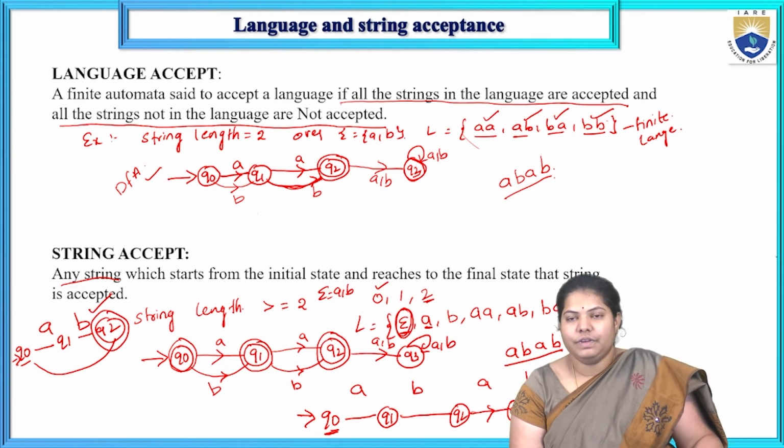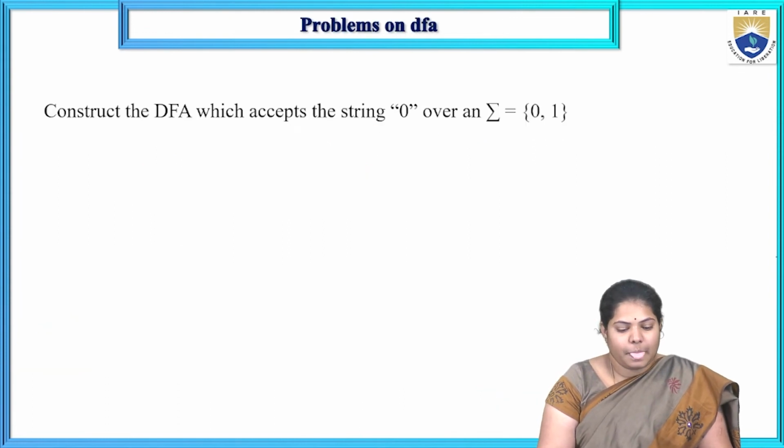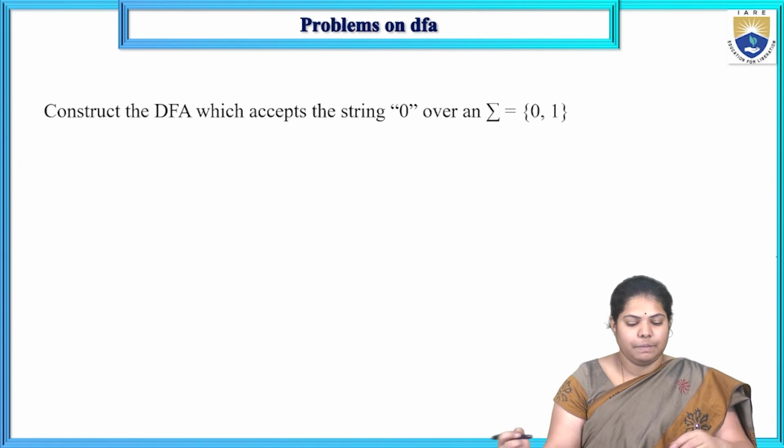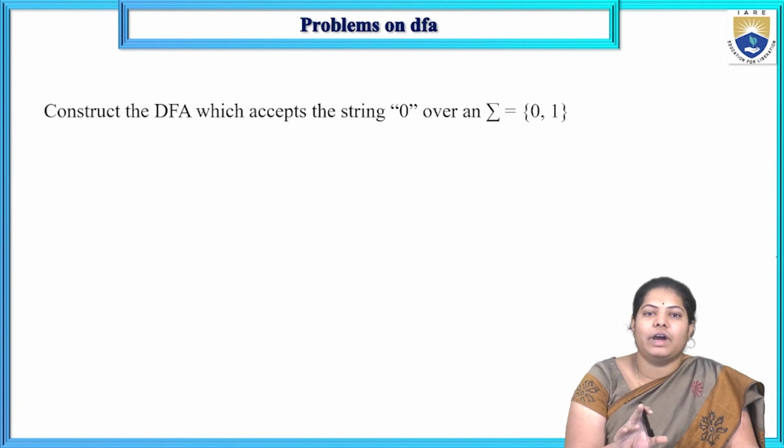Okay, next we will discuss some more examples on the DFA. The first question is: construct the DFA which accepts the string 0 over the input symbols 0, 1. Here I am giving only one string.